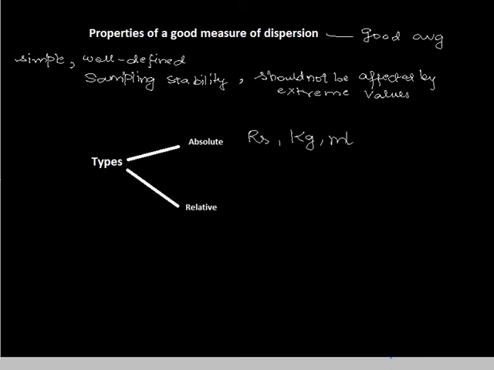Then there is the relative measure. Now, when do you call a measure of dispersion relative? It is a relative measure when it is the ratio of an absolute measure to an appropriate average.